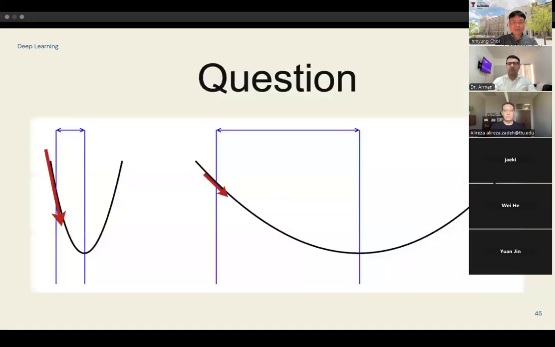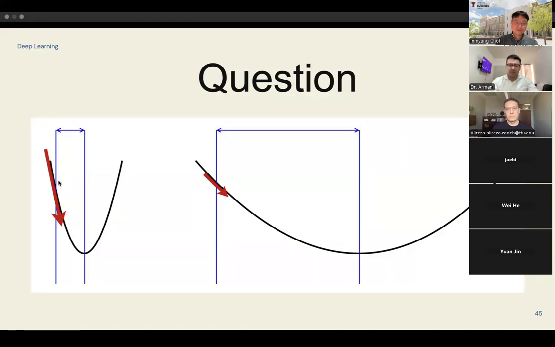So my question is, should it be like that? Should we adjust proportional to the partial derivative always? You see that if the partial derivative is small, it is possible that we have to go a long distance to reach the minimum point.